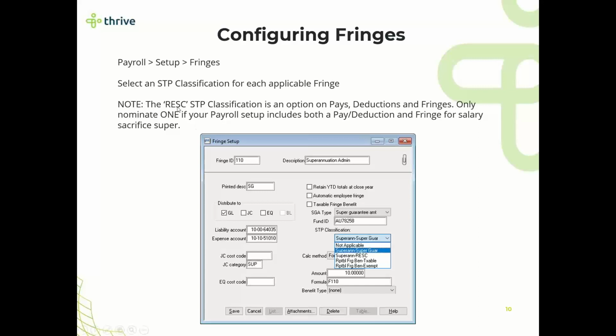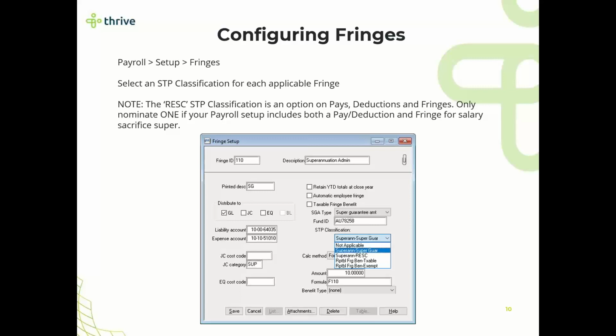Now, just a note here. You'll notice that RESC, the reportable super, is a field available on the pay record, the deduction record, and the fringe record. So we have a lot of variety between our customers because Sage Payroll is so highly configurable, and it's been set up uniquely for each individual customer.